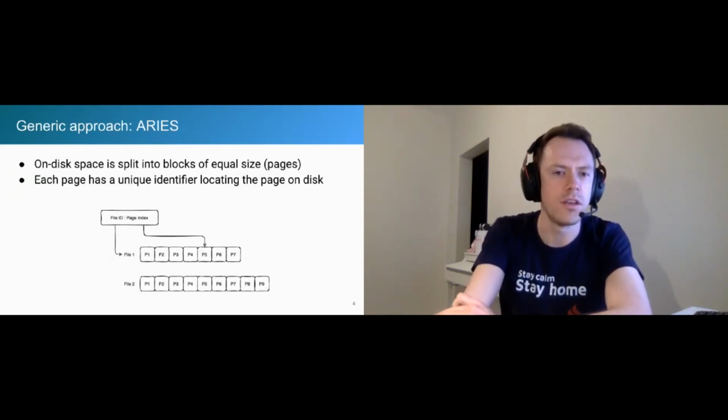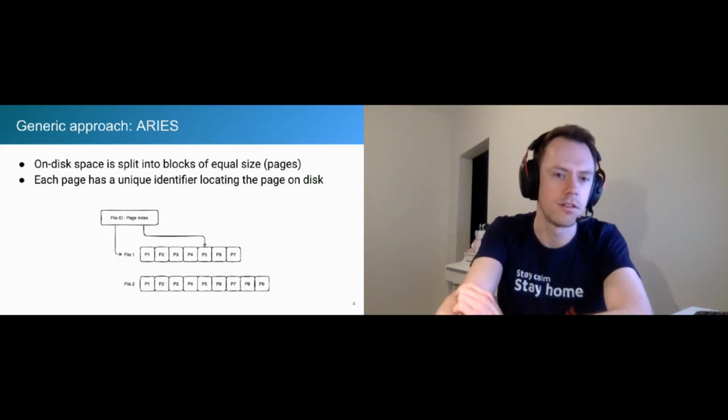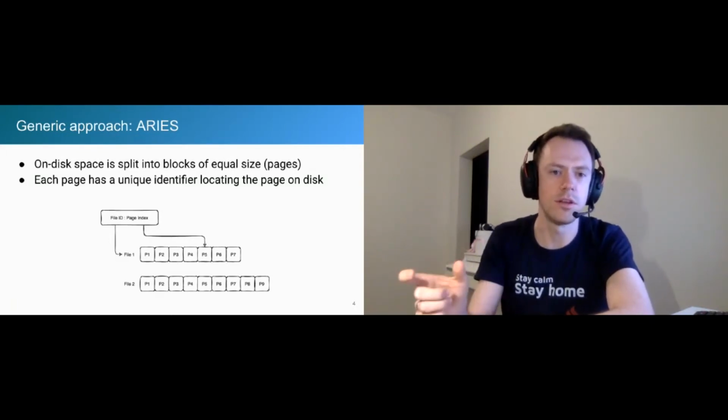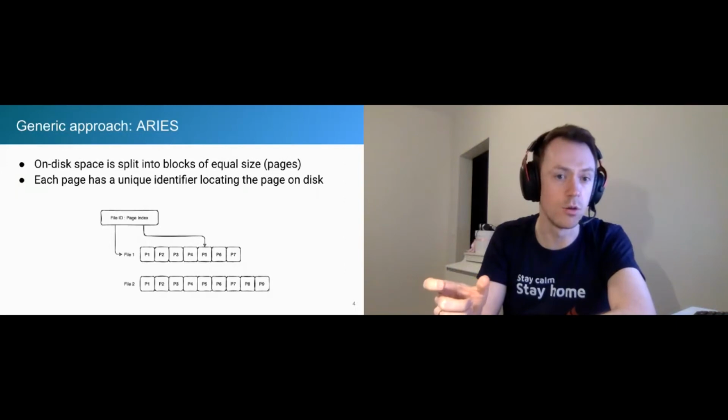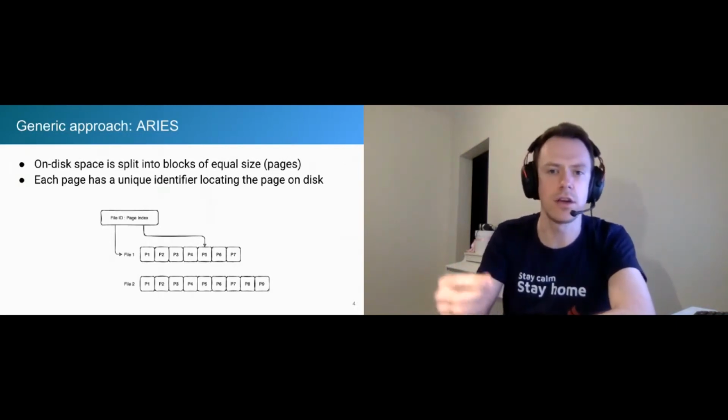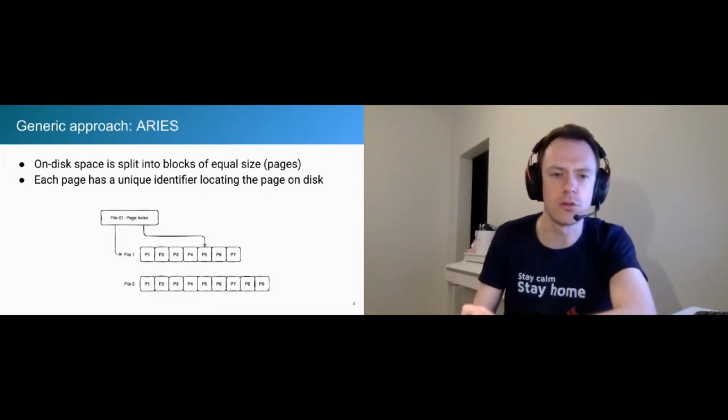There are multiple ways of implementing this, and one of the examples is given in the slides. For example, we can split the logical identifier into two parts. The first part would be the file ID, encoded, for example, in the file name. The second part is the page index.